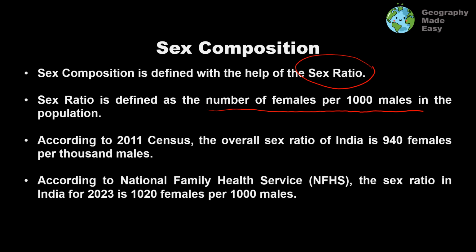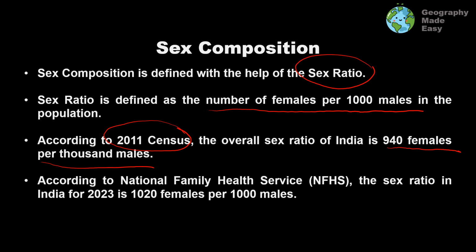However, in India, we see that the sex ratio is not in favor of females. We see that it is 940 females per 1000 males, and this is according to the 2011 census, though of course the sex ratio has improved over the years. We will come into that.